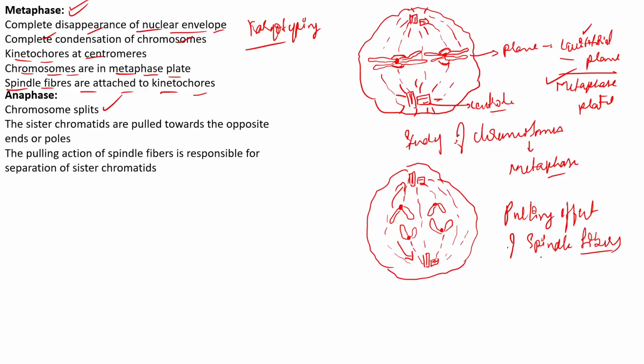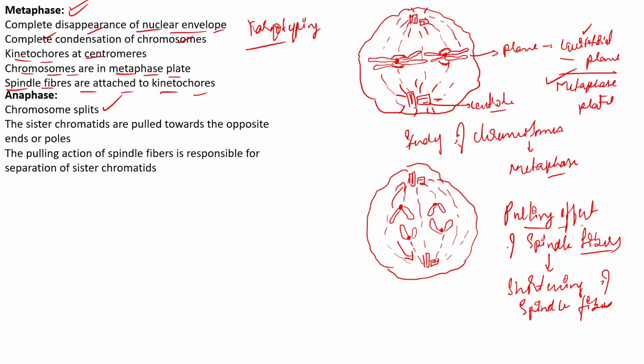Now how is the pulling effect achieved? The pulling effect is achieved by the shortening of spindle fibers. There is always a constant elongation and shortening of the spindle fibers.